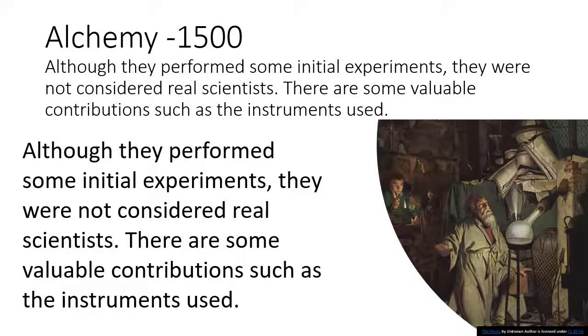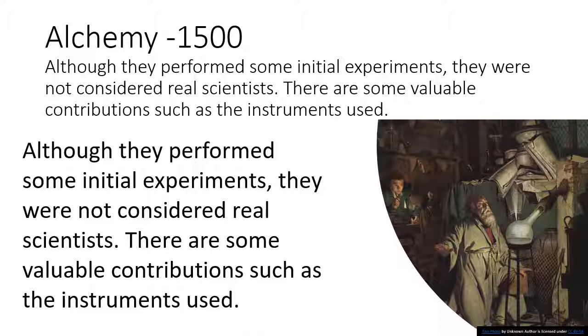So, for example, plaster, used for all sorts of reasons, was discovered by alchemists. They also developed a lot of the instruments that modern day chemists use today.